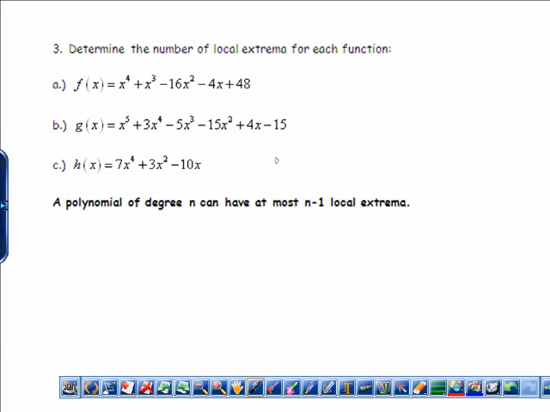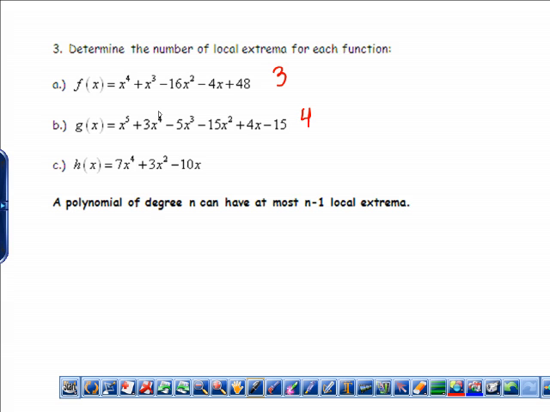We had some local mins and local maxes, and in the last chapter we learned how to find those in our calculator. All right, but you can actually determine the number of local extrema just by looking at the degree. All right, so for a 4th degree polynomial, you will have 3. We used to call this the maximum number of turns last year. For the next one, if the degree is 5, there will actually be at most 4 turns.